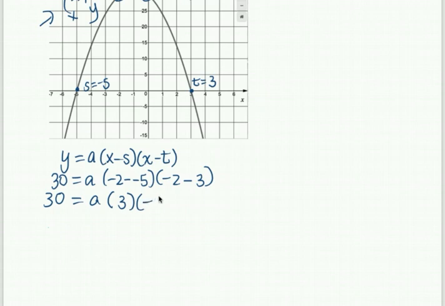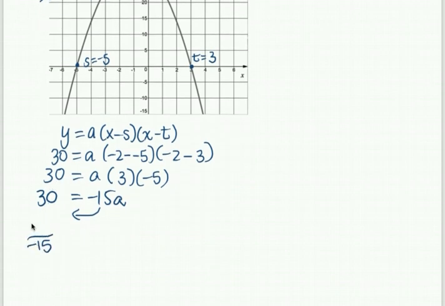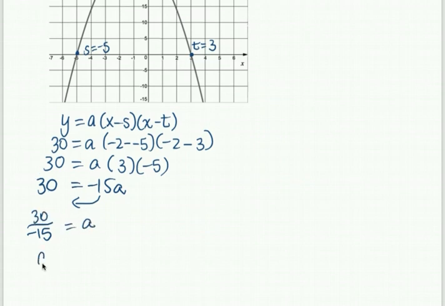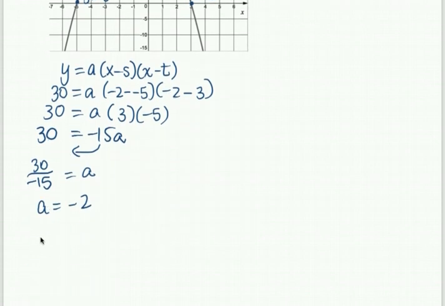This one is -5. Then I end up with -15a. Again, multiply these, don't add them. And divide this over, and you get -2, okay? So we have our A. I'm just going to keep going down the page here so that I can use a different method. Let's build our equation.